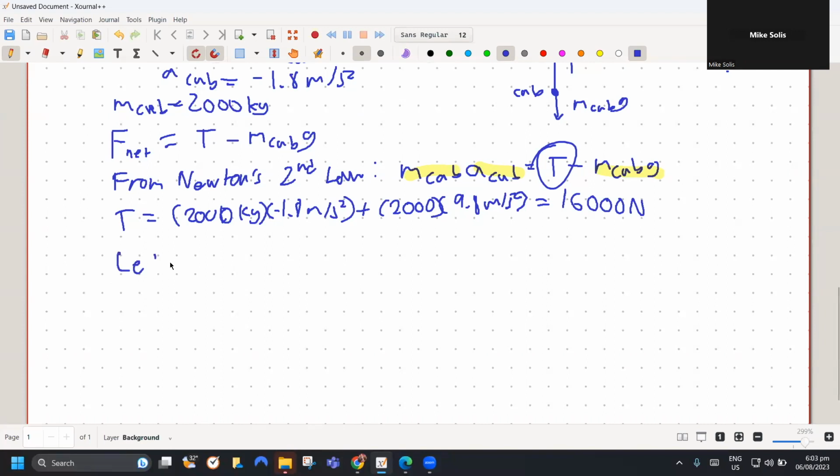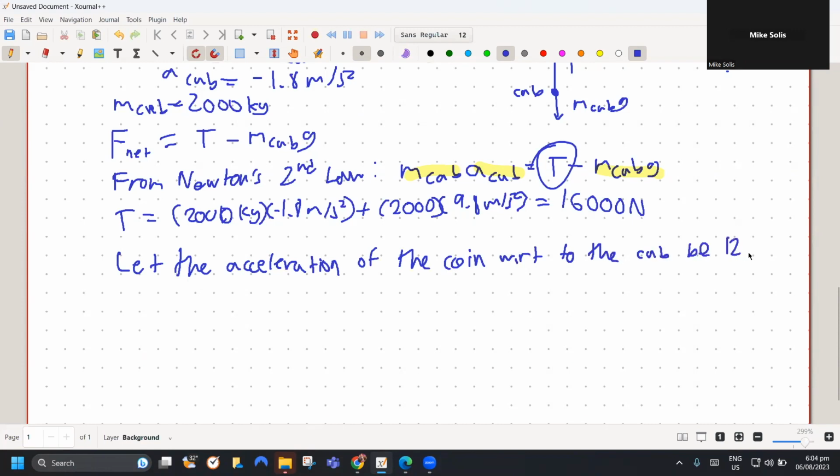So let the acceleration of the coin with respect to the cab be 12 meters per second squared downward. What will the tension be?